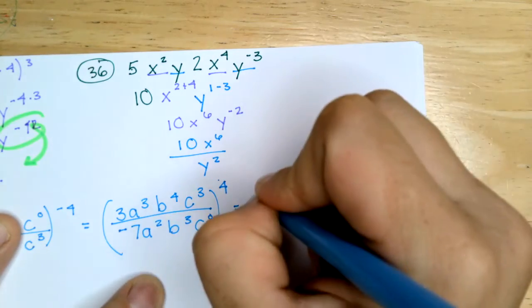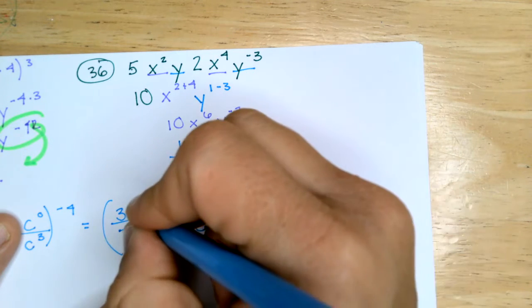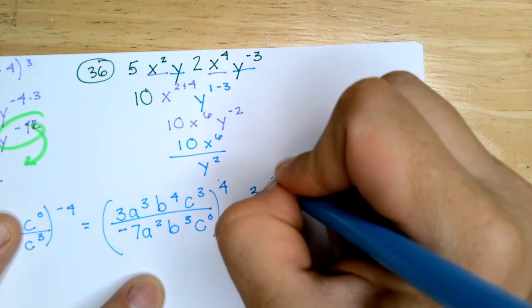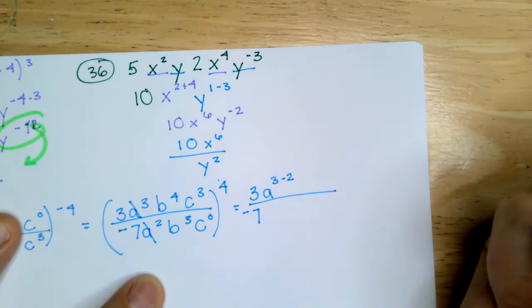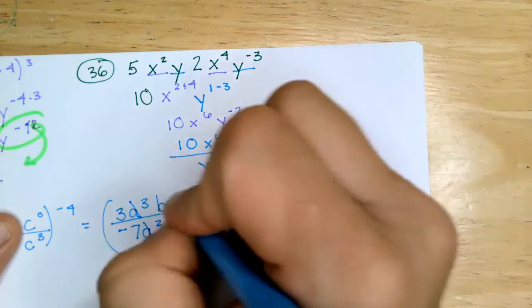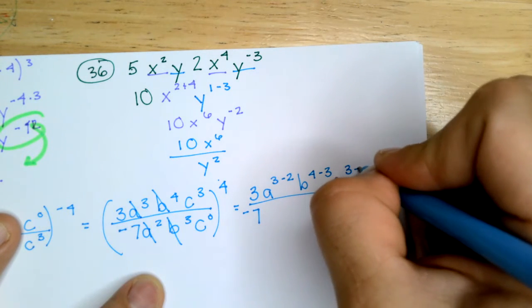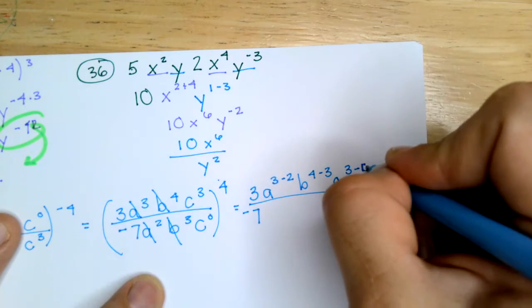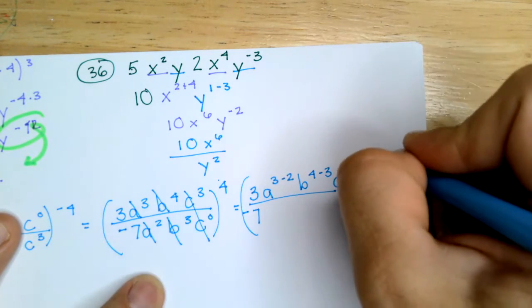So we could say we'll leave the 3 and we'll leave the -7. A, 3 minus 2. Okay. B, 4 minus 3. C, 3 minus 0, to the 4th.